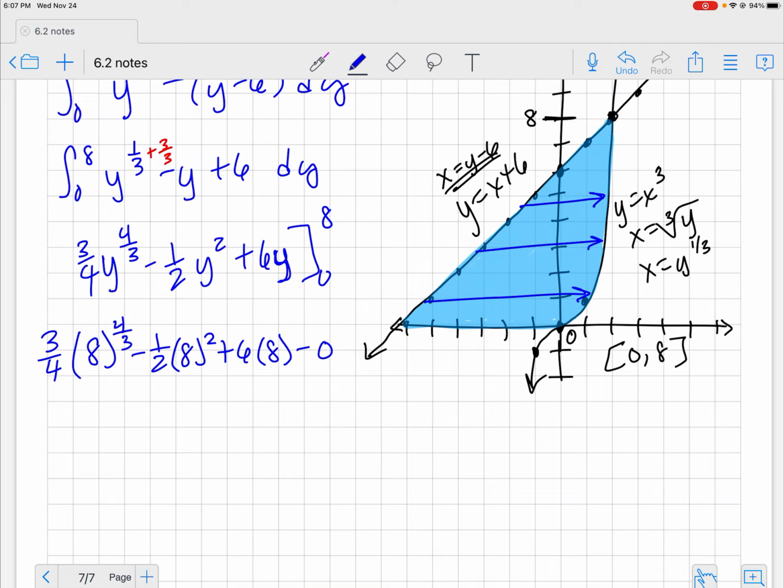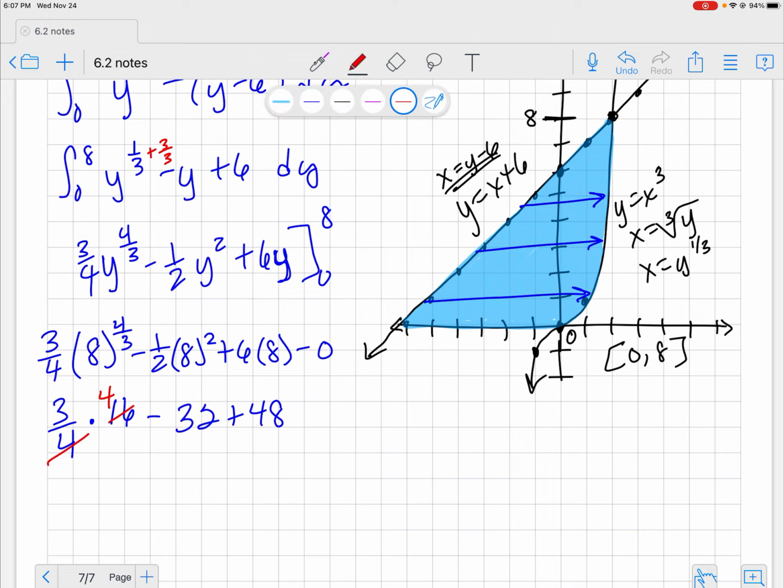Okay, now clean it up. I know the cube root of 8 is 2, so 2 to the 4th. So 2 to the 4th is what? 16. Minus 1/2, and 64 divided by 2 is 32, plus 48, and then minus 0.